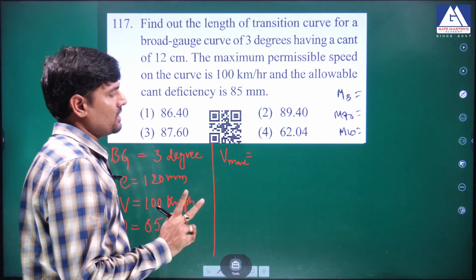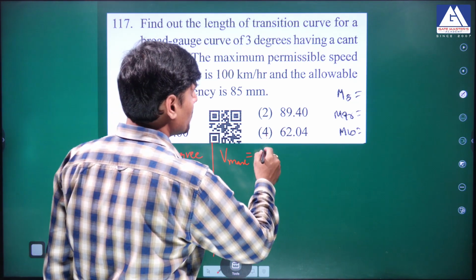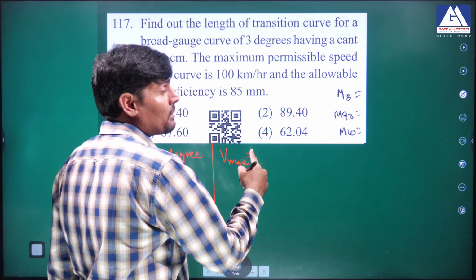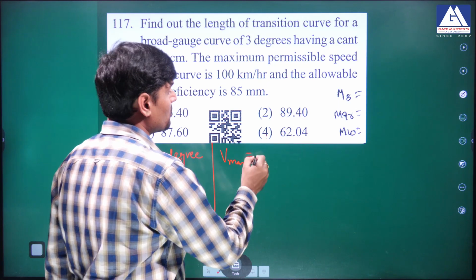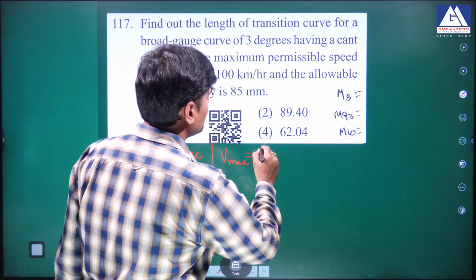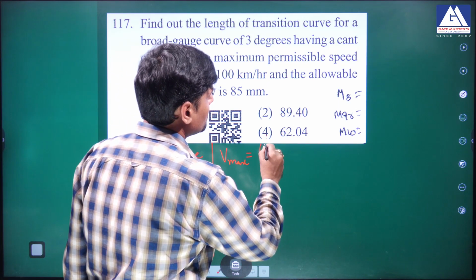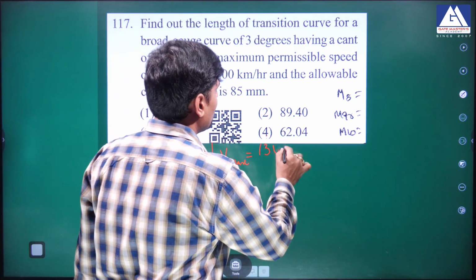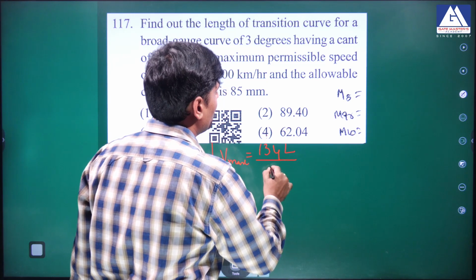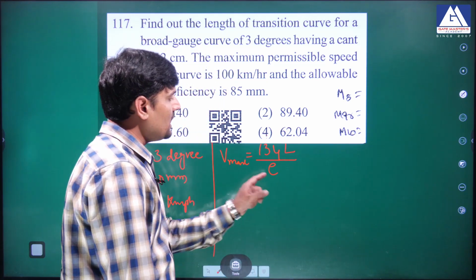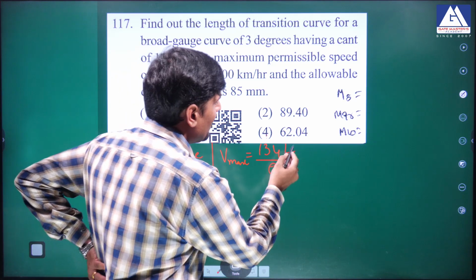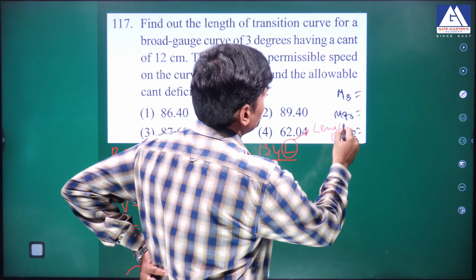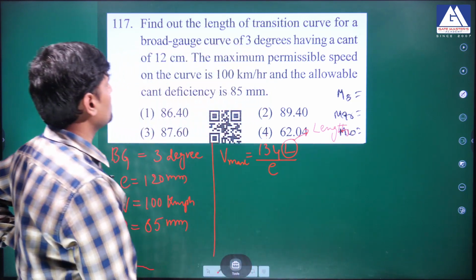One can only happen on the transition curves. So Vmax is equal to 134 times L by E, where E is the cant and L is the length of the transition curve.